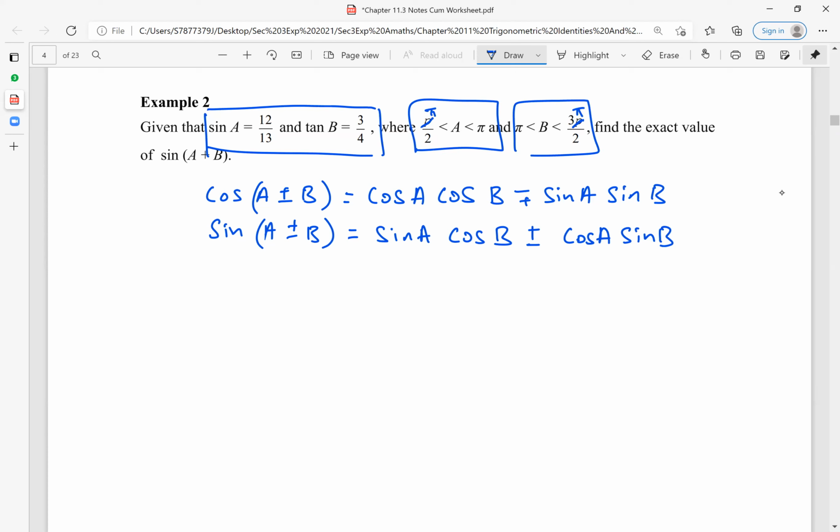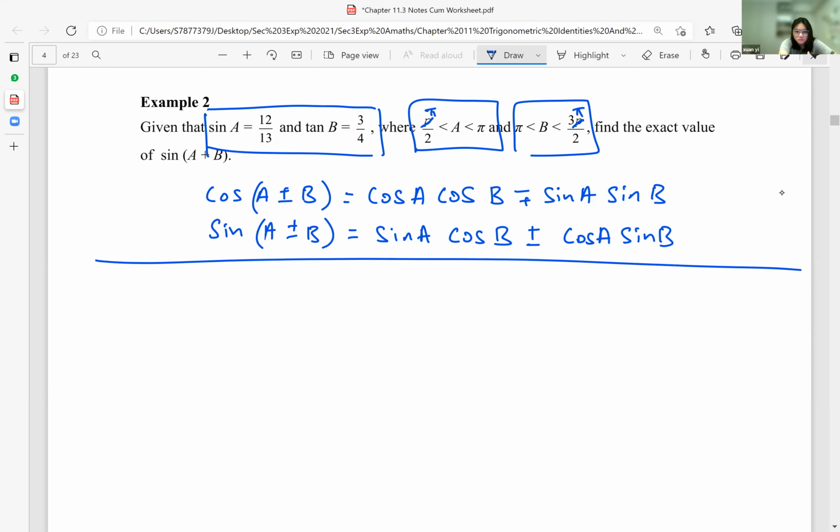I think in your book, the one that I printed for you, do you see it as pi? Okay, good. That means over here, which quadrant does A belong to? Second, because it's 90 to 180.